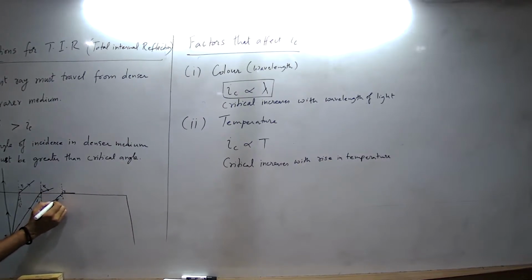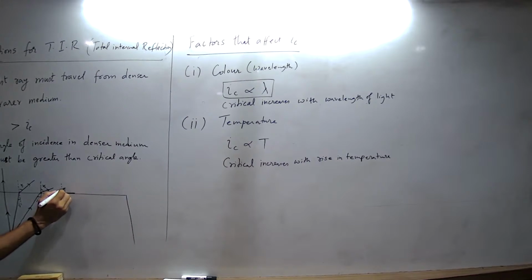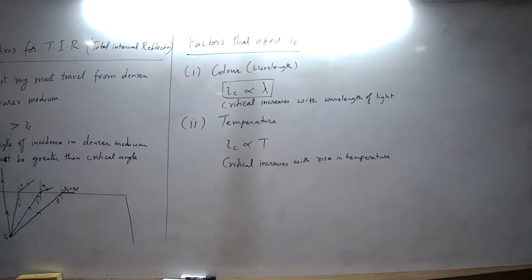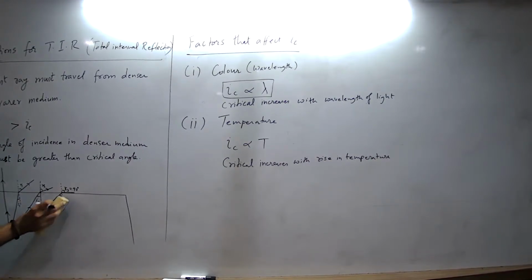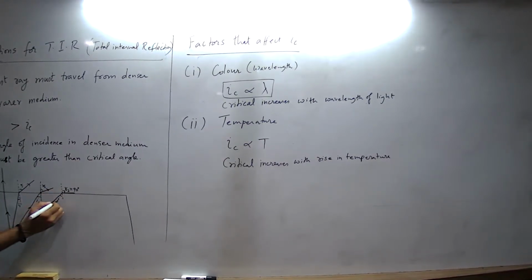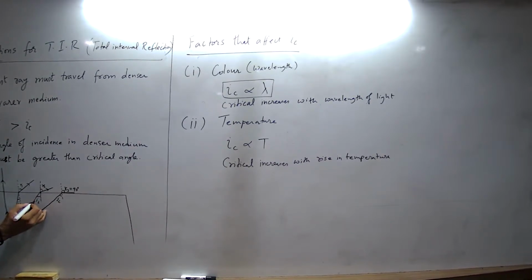So this angle is I3 and this is R3. This becomes 90 degrees. So the angle of refraction बढ़ते जा रहा है. There will be some angle for which this becomes 90 degrees. Then we call this angle I3 as critical angle. We call this as IC. This angle of incidence is called critical angle.